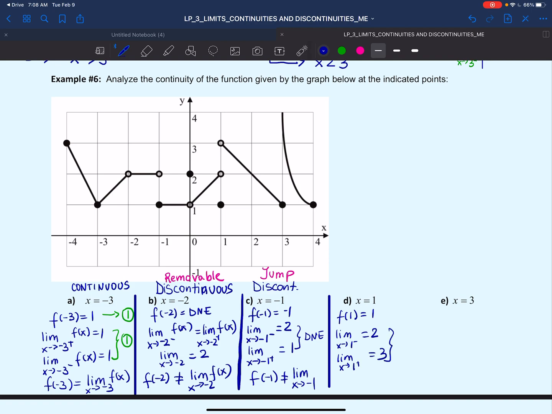So the limit doesn't exist. The value of the function is 1, so we're going to say it is discontinuous. The type of discontinuity when the limit doesn't exist is jump.